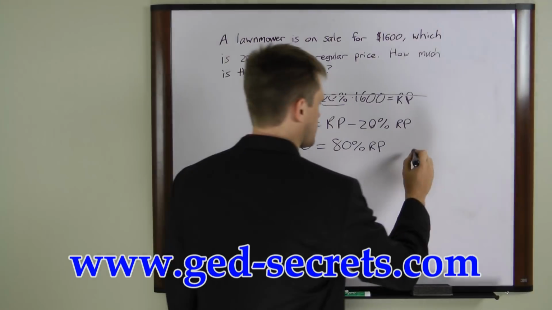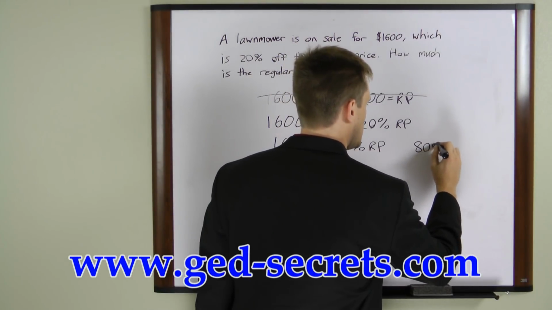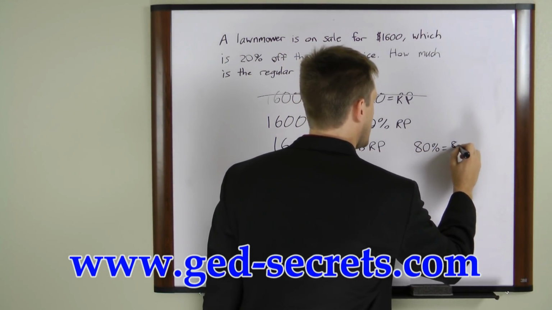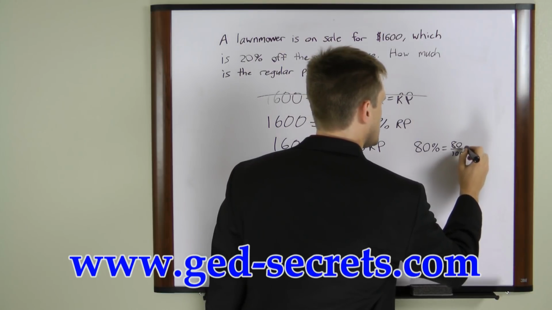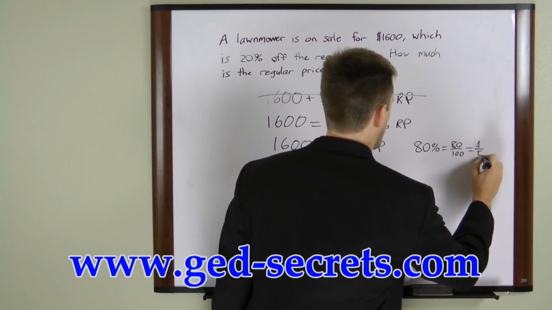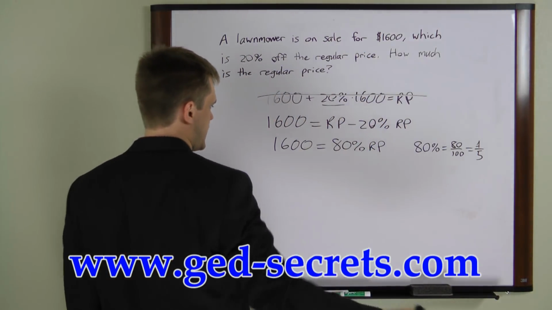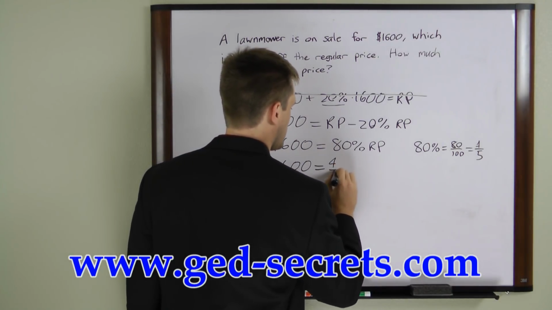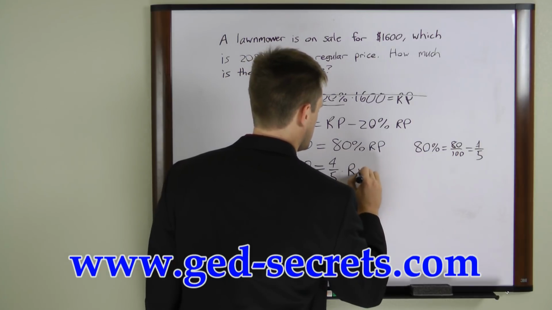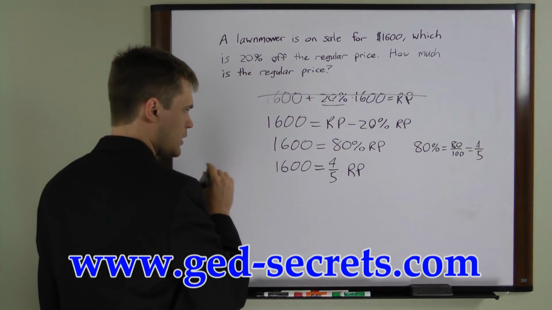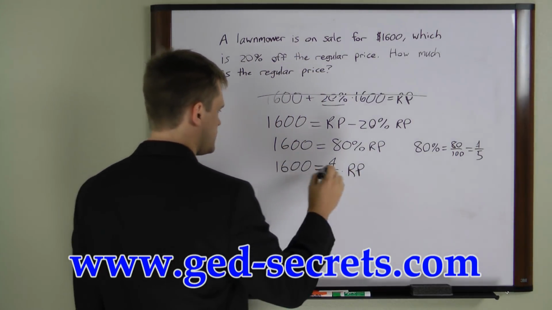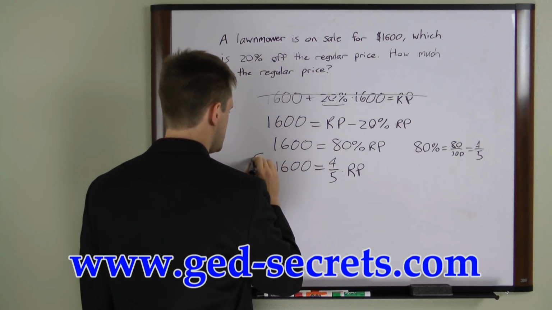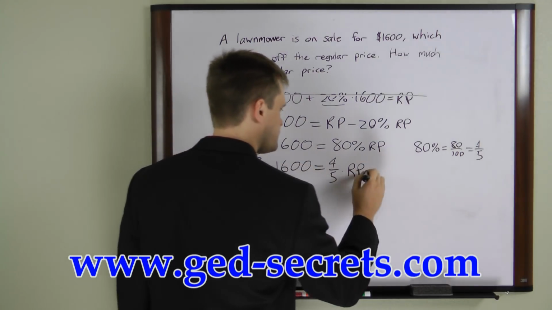Now 80% we can rewrite as a fraction. 80% equals 80 over 100, which is the same as 4 over 5. And then we'll plug this back into this equation: 1,600 equals 4 over 5 times the regular price. And now to solve this, all we have to do is multiply both sides by 5 over 4.